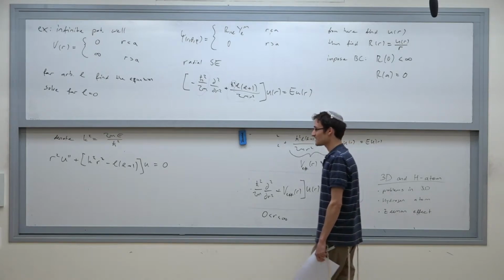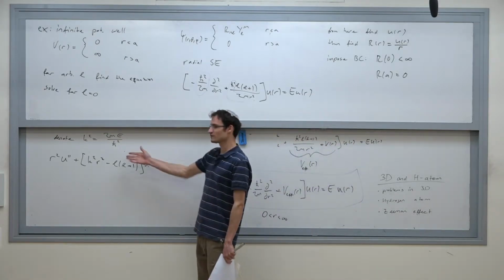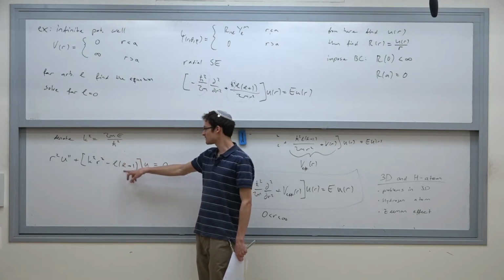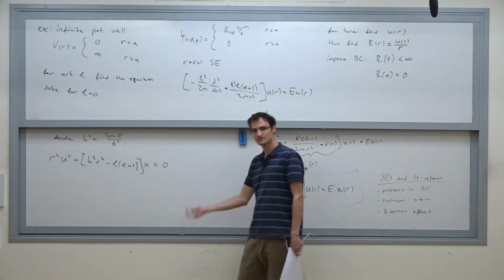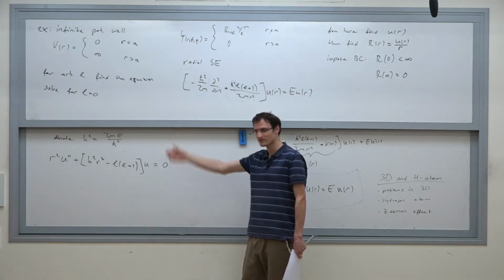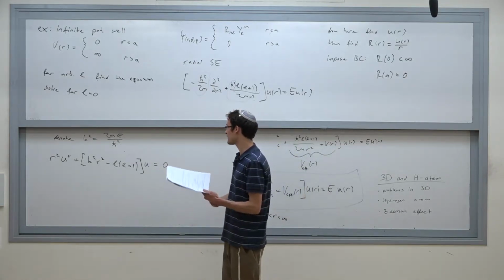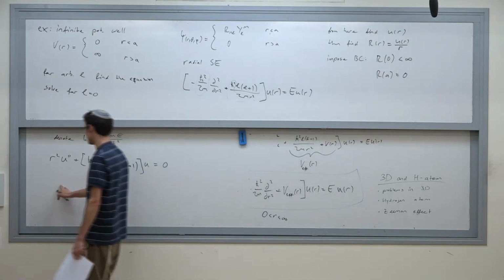The actual way to solve it would be to plug in a Taylor series, and then you get a recursion relation, and so forth. What you would find is that the solutions are what's called spherical Bessel functions.